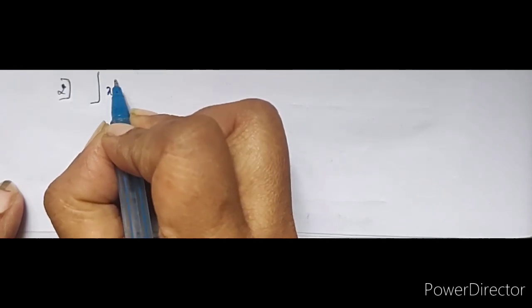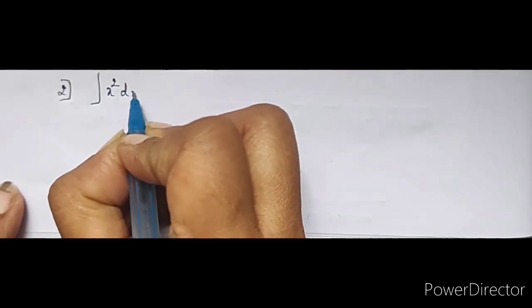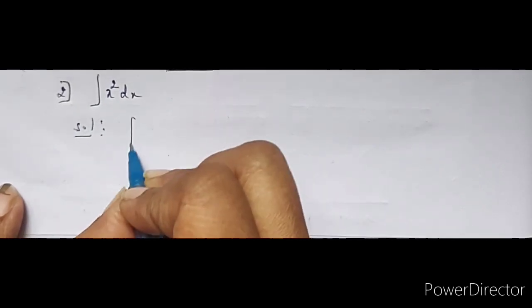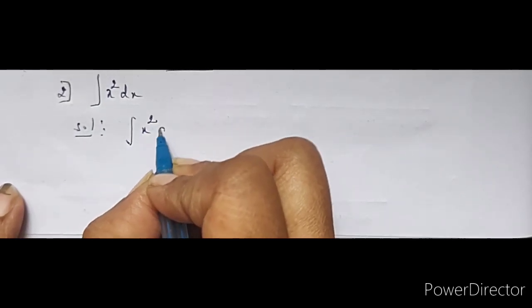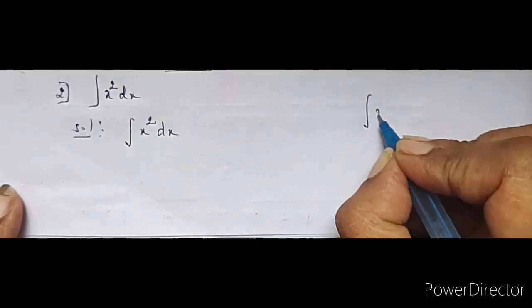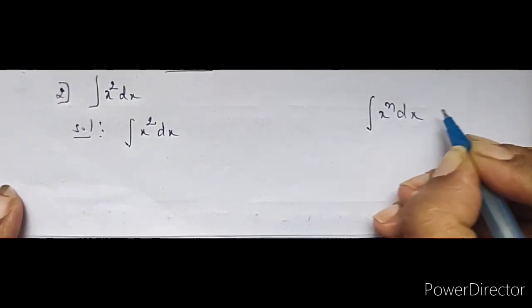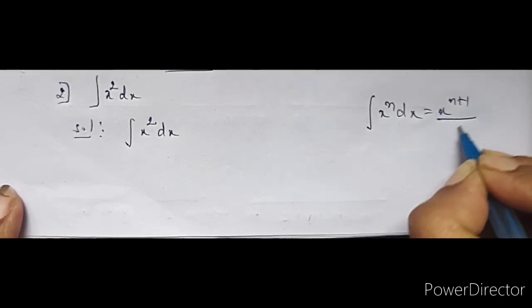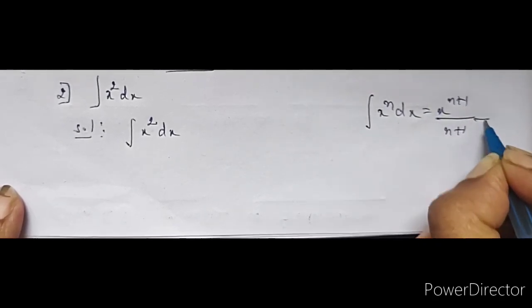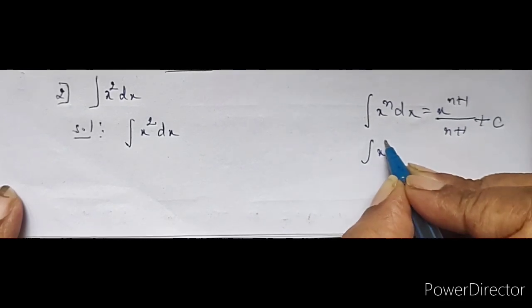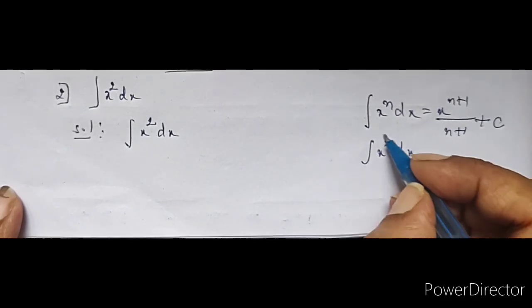The second problem is integration of x square dx. Solution. So integration of x square dx. When you compare with the standard formula, x to the power of n dx is equal to x to the power of n plus 1 divided by n plus 1 plus the constant of integration c, what do you find?